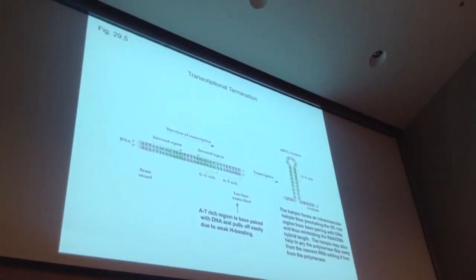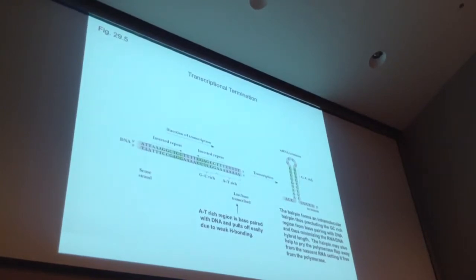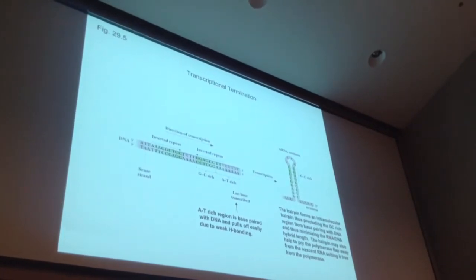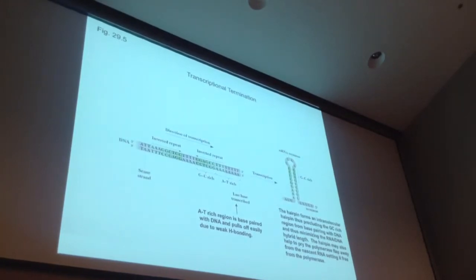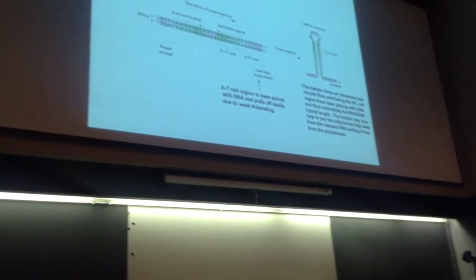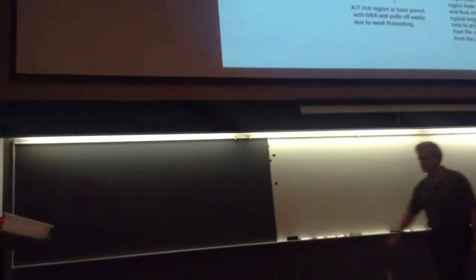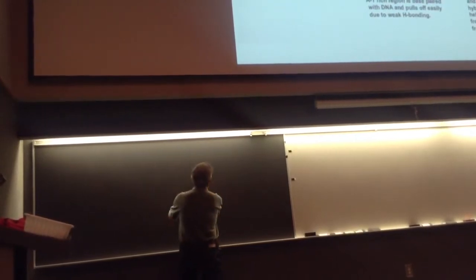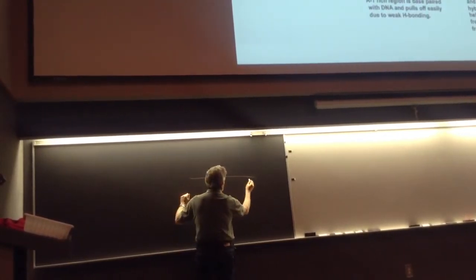And what happens is as that thing goes, it forms a hairpin loop. You have your RNA like this. Here's your template, right? And here's your RNA.